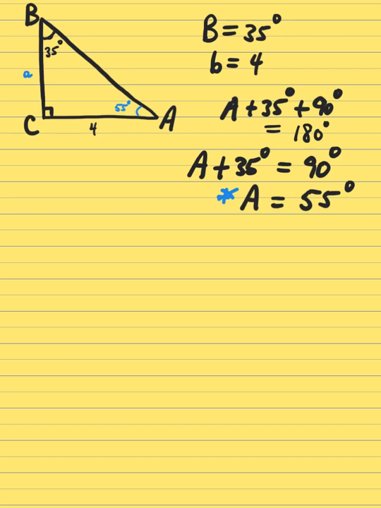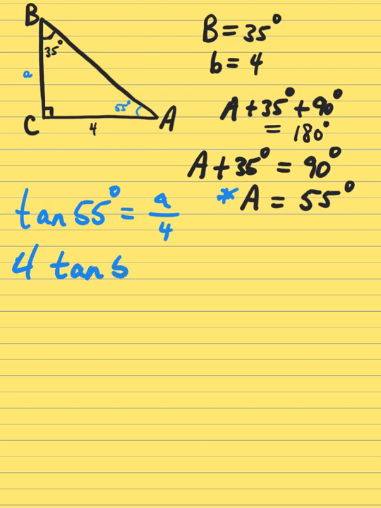I'm going to do that in blue. Tangent of 55 degrees is equal to opposite over adjacent. Multiply both sides by 4. And this will give us side a.